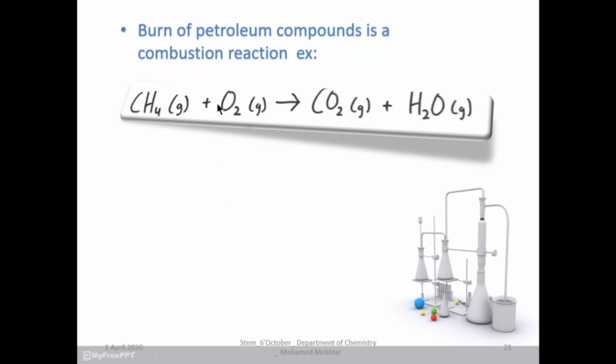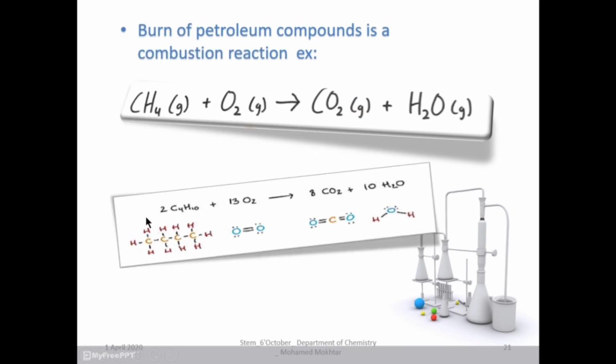When we combine it with O2 it gives us CO2 and H2O, and we use it for cooking in our kitchen. This is C4H10, butane, and oxygen gives us carbon dioxide, water and a lot of energy.